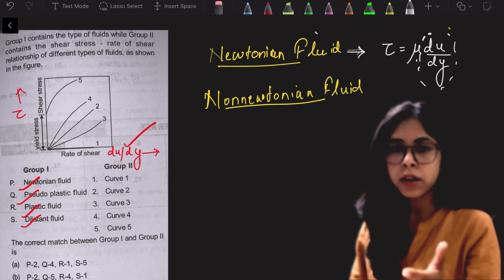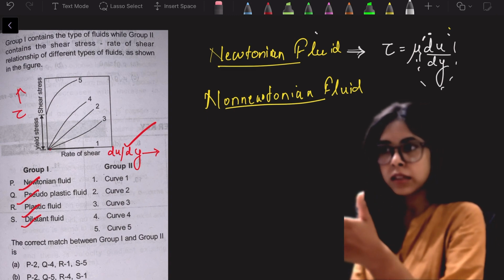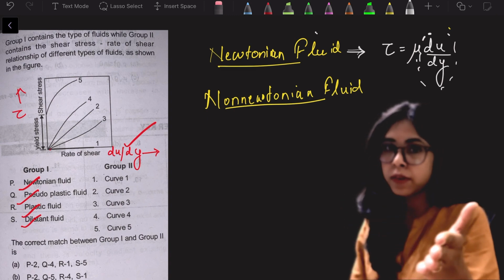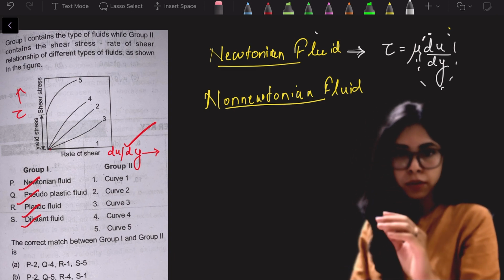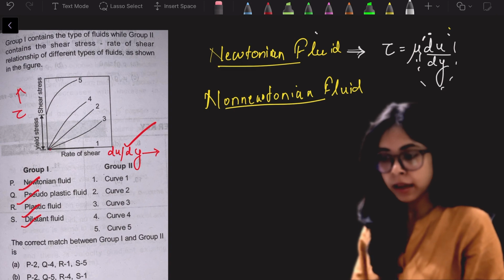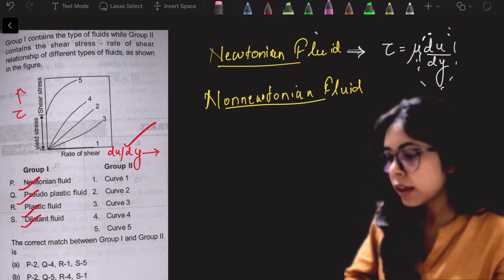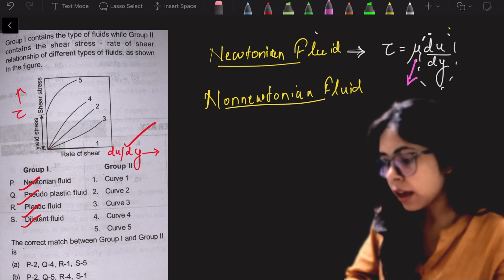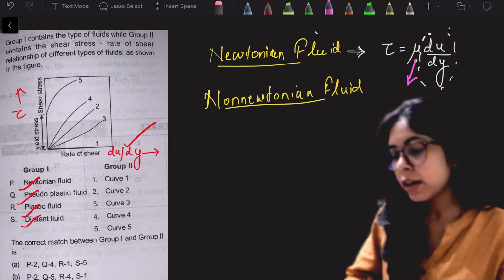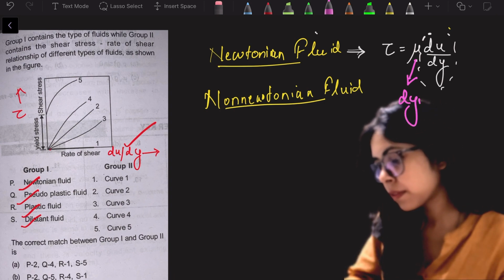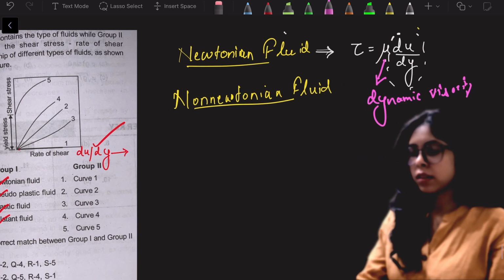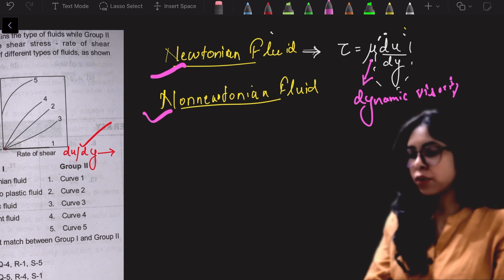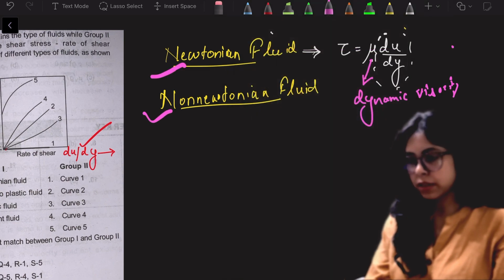So what is the effect on velocity when the distance is changing at different locations? For removing the proportionality sign, we have a constant that we name dynamic viscosity. So here we have this particular Newtonian fluid with this relationship.